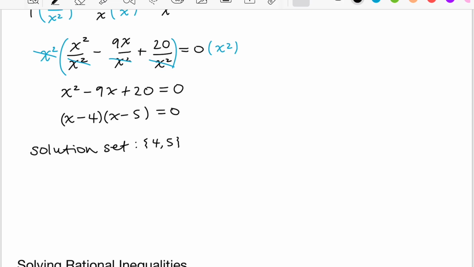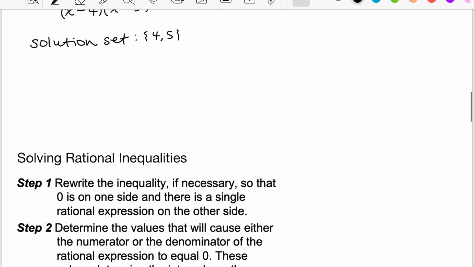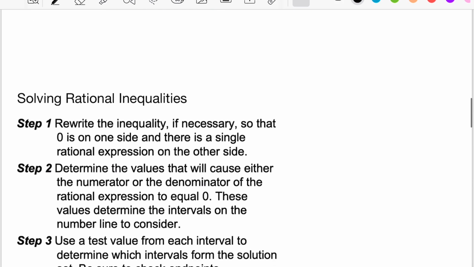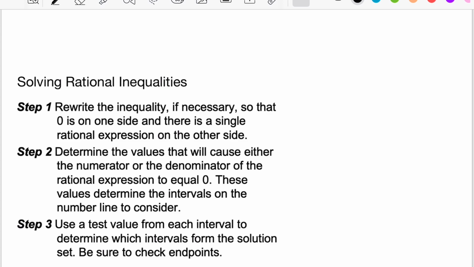Now let's look at solving inequalities, solving rational inequalities. So here's our 3-step process for doing so. The first thing we're going to do is rewrite our inequality so that 0 is on one side and there's a single rational expression on the other side. Then our second step is to determine the values that will cause either the numerator or the denominator of our rational expression to be equal to 0.